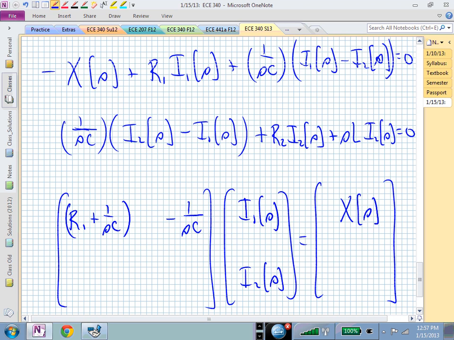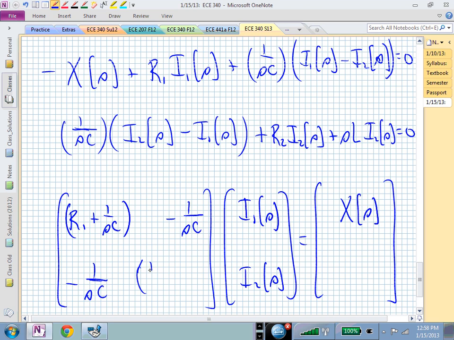Now I can insert the second row relationship. I look for all of those entries that involve an I sub 1, and there's only one of those, and that will be in the 2, 1 entry of this impedance matrix, and that's minus 1 over SC. Then I have all of the coefficients that scale I sub 2, and that will be in the 2, 2 entry.